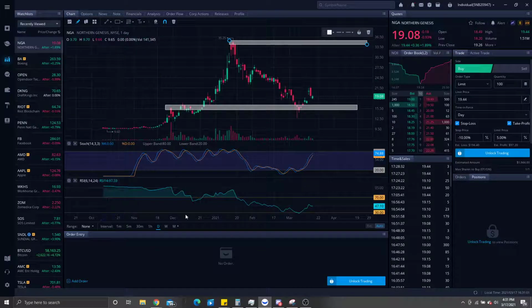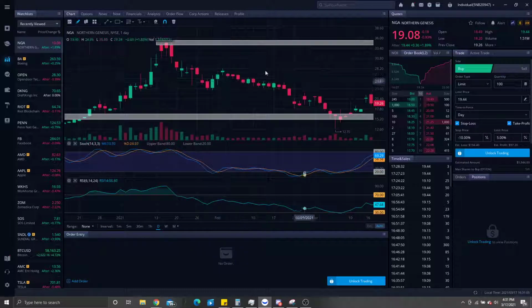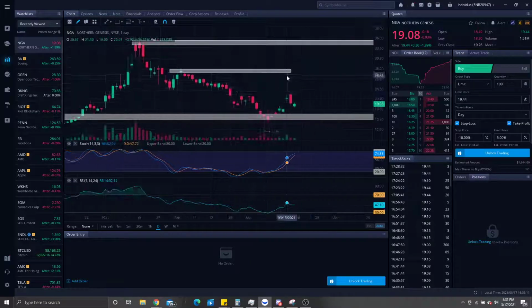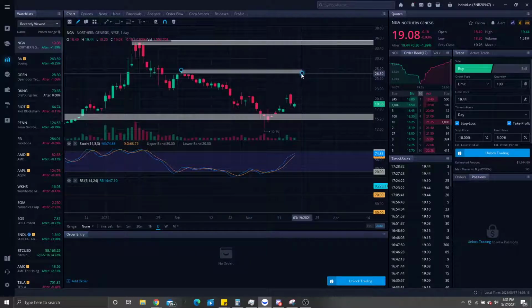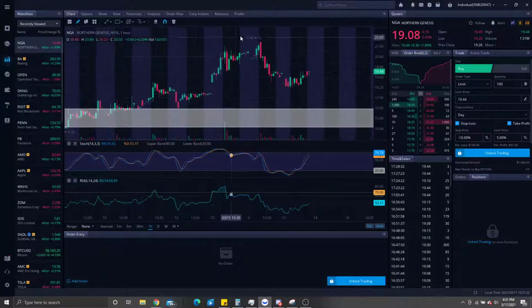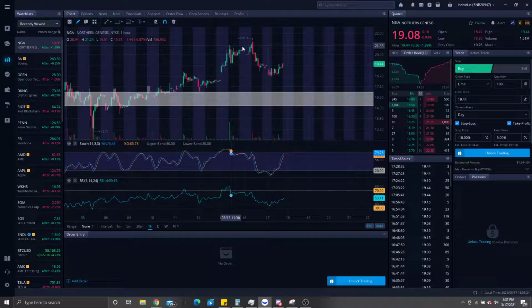Another huge sell-off here, so I would probably mark that. And I imagine if we went down to the 1 hour chart, I would mark this huge sell-off here also. I would probably mark that on the 1 hour chart.